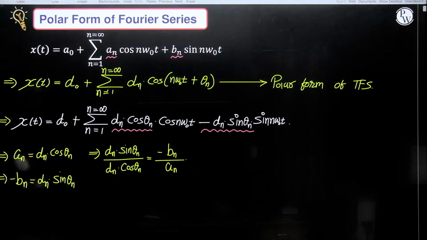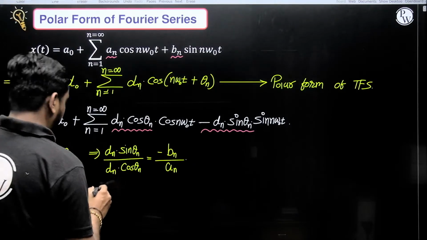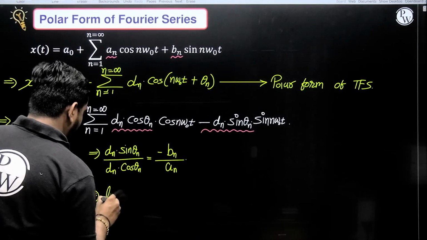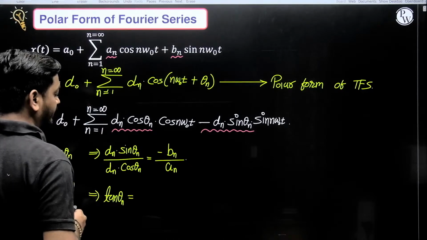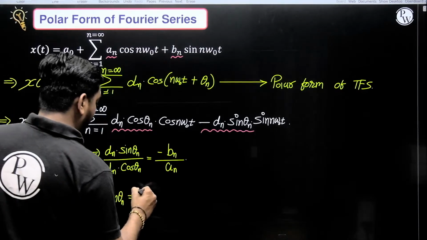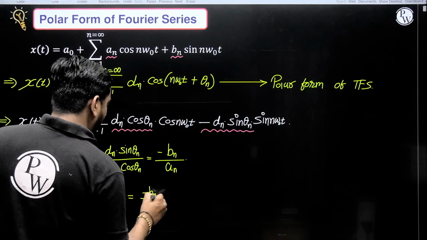So dn gets cancelled out, and here it will be tan theta n equal to minus bn upon an, correct.